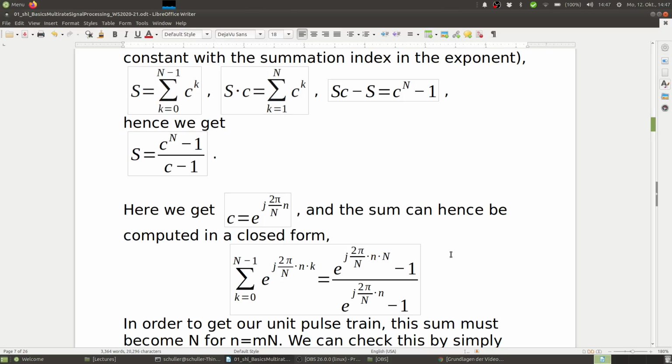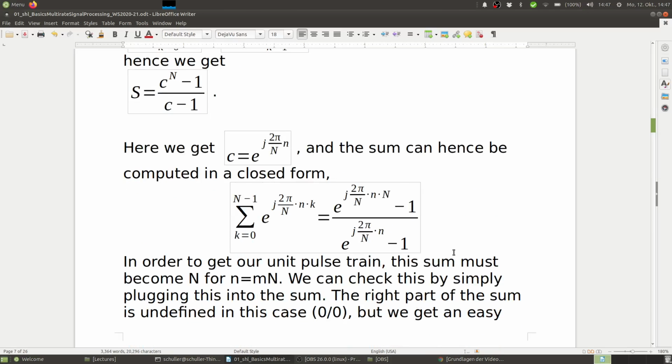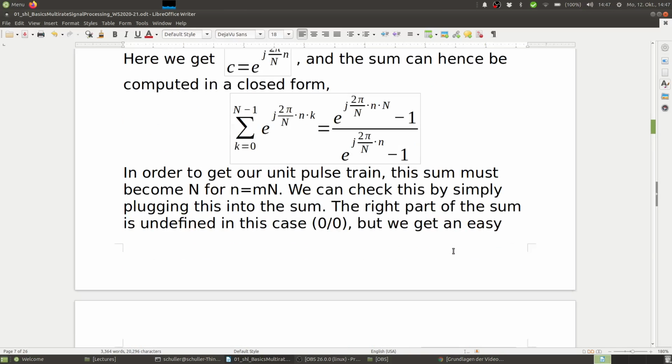So this is now a convenient closed form where we can check out what happens for different n, right? In order to get our unit impulse train, this sum must become capital N for n equals mN. Remember, this N is what we had as a factor before, so this should become 1, so that the entire thing becomes 1. We can check this by simply plugging this into the sum here.